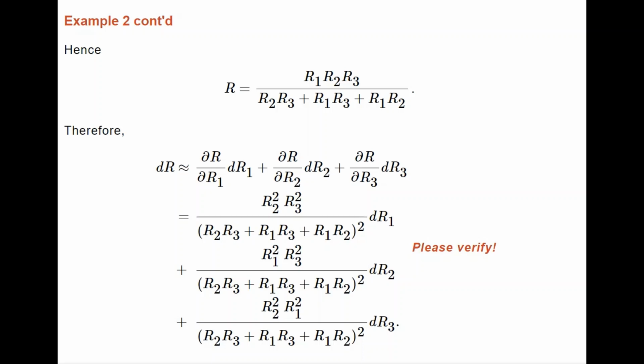So please pause the video and compute yourself the values of partial R by partial R1 and partial R by partial R2 and partial R by partial R3 and confirm that the expression I have obtained here is absolutely correct. Please do that now.